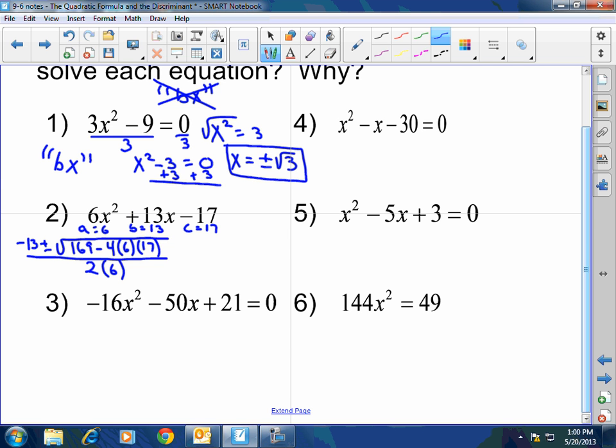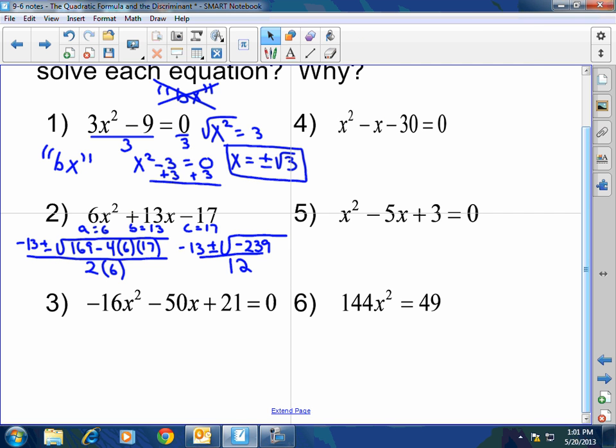Okay, so let's see what that gives me here. That's 24 and 17. 24 times 17 is 408. So wait a second. This is going to give me negative 13 plus or minus, and I've got 169 minus 408. That gives me negative 239 over 12.